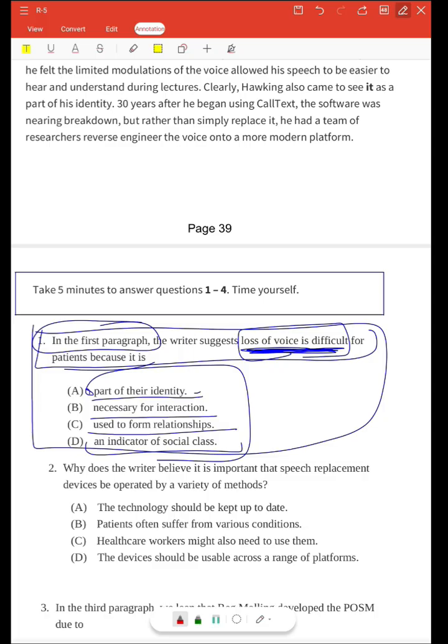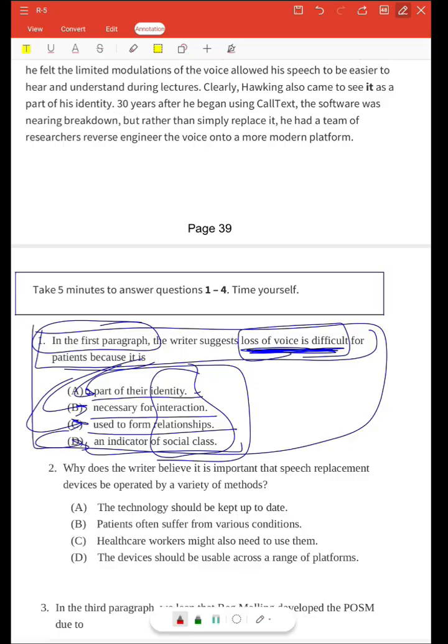Loss of voice is difficult for the patient because it is part of their identity, because it is necessary for interaction, because it is used to form relationships, because it is an indicator of social class. So we have keywords: identity, interaction, relationship, social class, and loss of voice. Five keywords in this question.